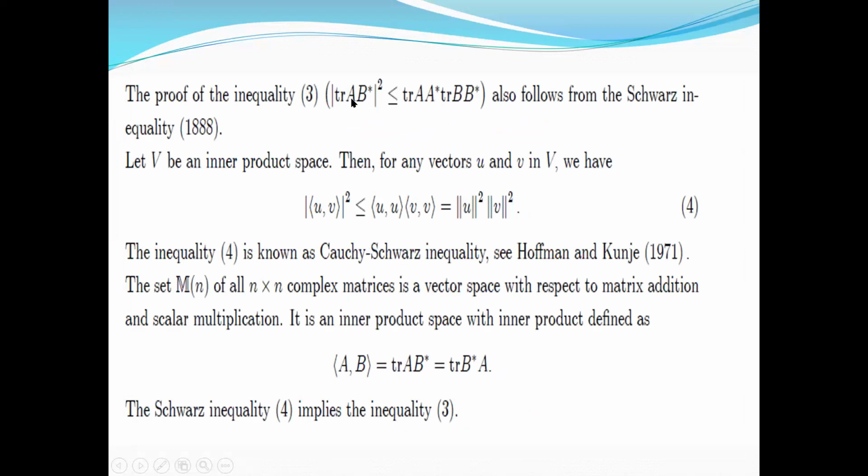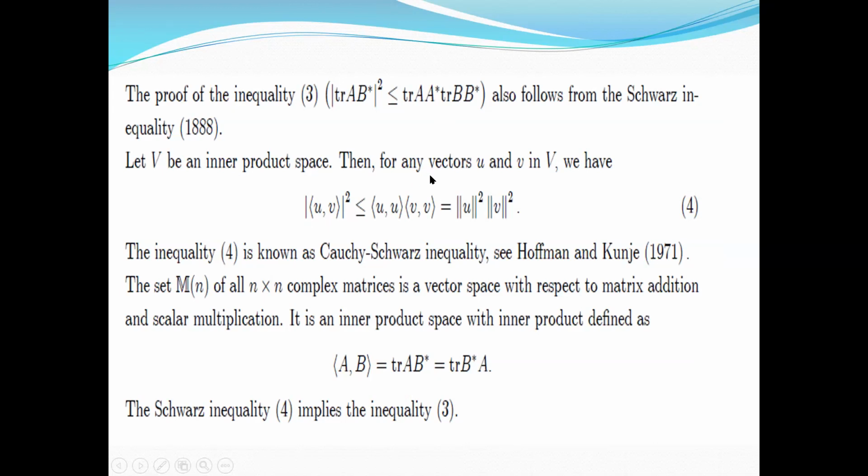Now the proof of this inequality for traces. Note that for this inequality for traces, the proof depends on the Cauchy inequality for numbers. The proof of this also follows from the general Cauchy-Schwarz inequality in inner product space.